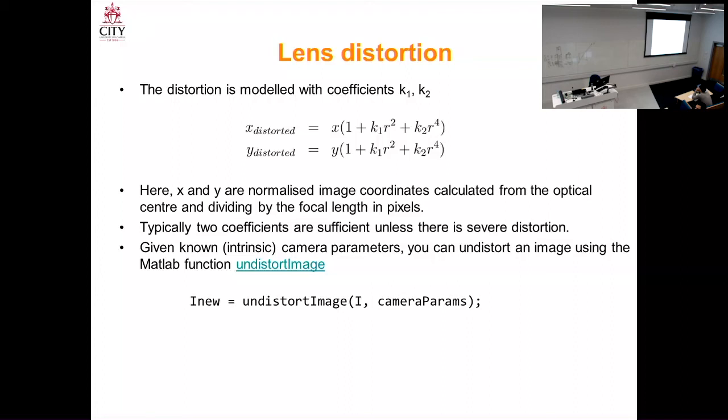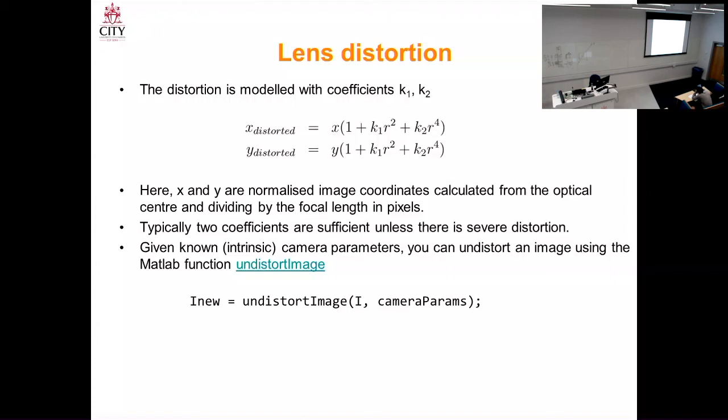In fact, when you calibrate your camera, it also calibrates the lens distortion coefficients. Typically, it's modeled with two coefficients, K1 and K2. This describes how points move from the center of the image, where R is the distance from the center of the image.